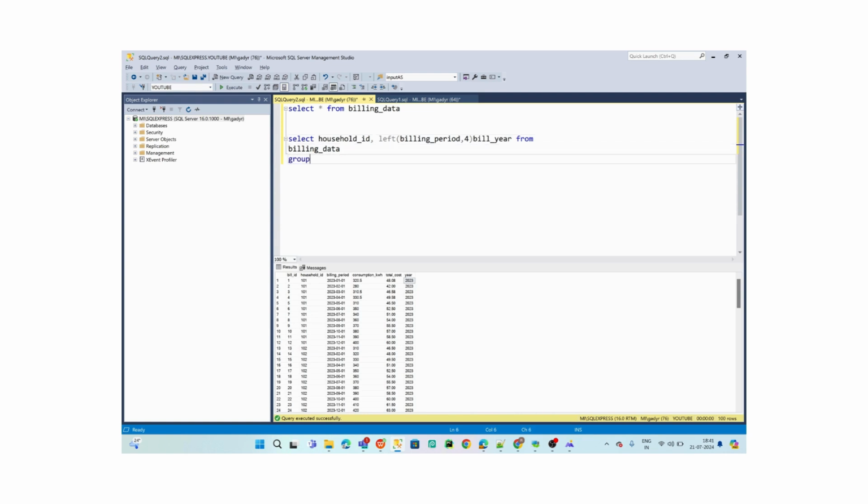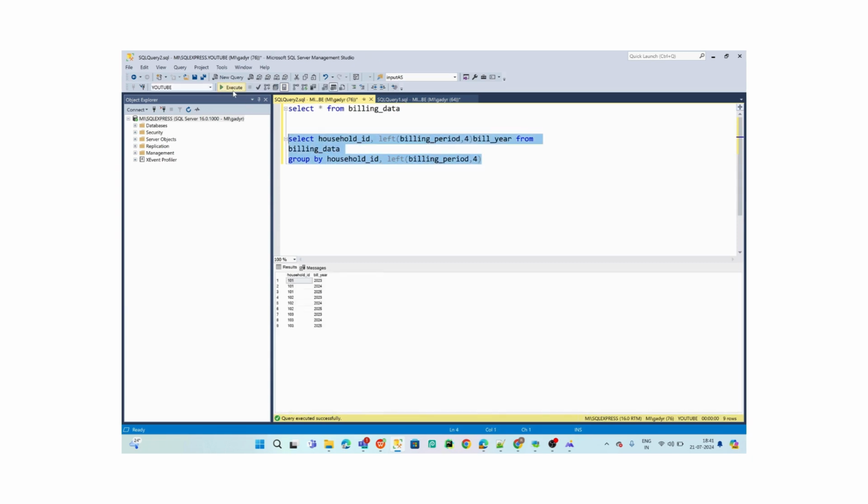In GROUP BY, we also need to include these two columns, because they need aggregated data for each and every house and for each year. So due to that reason, in grouping also, I'm including these columns. Let me run now. Yeah, now I got the expected data. Three customers means three houses and 3 years, so nine records. For this particular house, 3 years data, and also for 101, 3 years data.